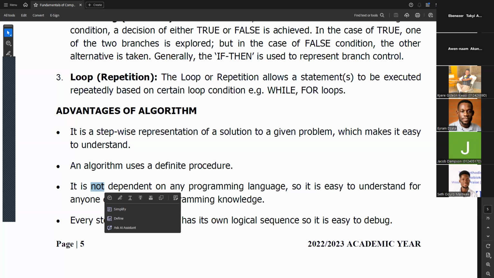It is after you've done the algorithm that you can use your programming knowledge to implement it in a particular programming language. David, is that clear? Yes, please. Okay.